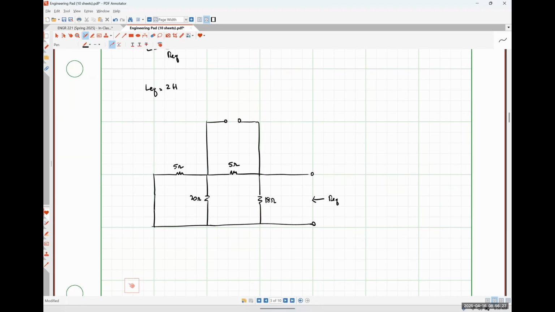So what do we see? So 20 is in parallel with 5. How is that connected to the middle 5 ohm resistor? In series.